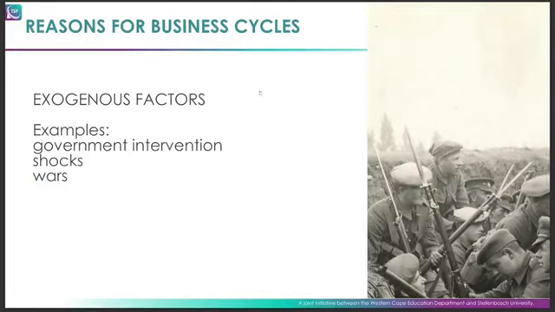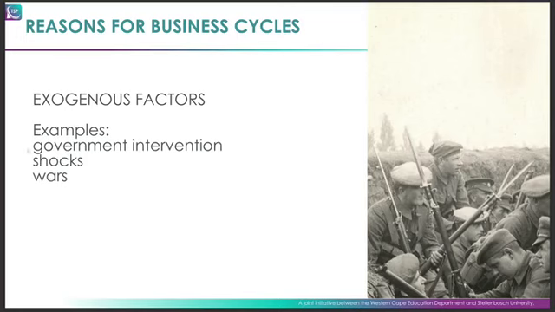Now, the reasons that business cycles exist. The first one that we're going to look at is the exogenous factors, right? If you think of the word exogenous, it is similar to saying external. So anything outside of the market situation, these are the factors that are going to impact on the economy, so it's going to cause the business cycle.